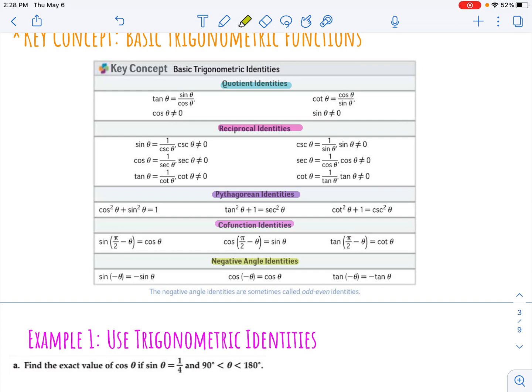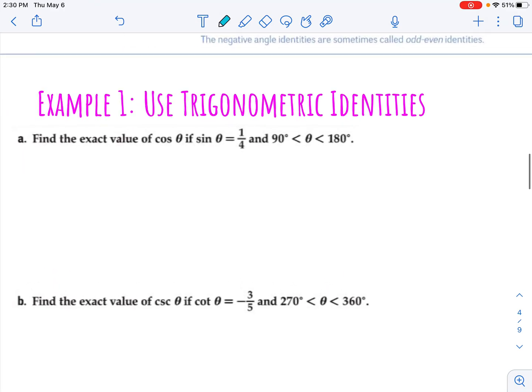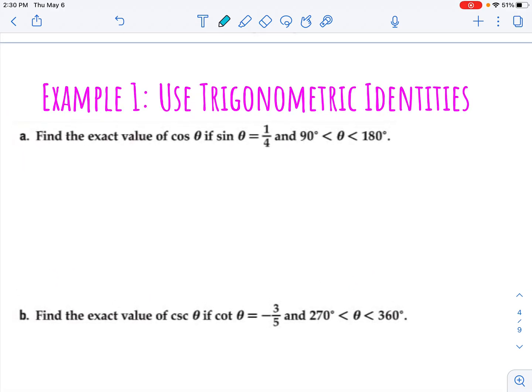So what you're going to do is use these identities to rewrite things or to solve to make equations equal to one another. So for the first one, it says find the exact value of cosine of theta if sine of theta is equal to 1/4 and 90 degrees is less than theta, which is less than 180.